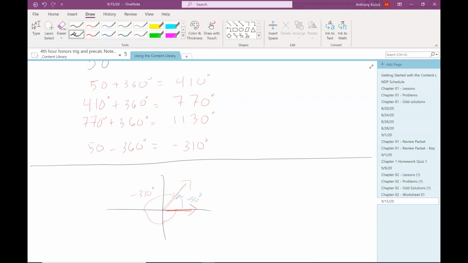What you're basically doing is finding angles that are equivalent to one another, right? Can you simplify this angle into something that's easier numerically to deal with? Rather than taking the cosine of 770, I can just do the cosine of 50 because they're coterminal, right? That's the power.